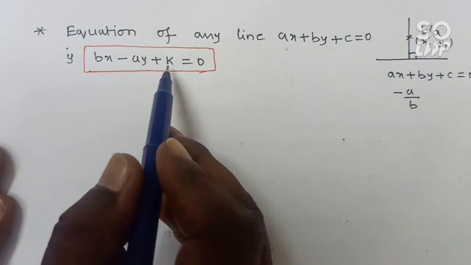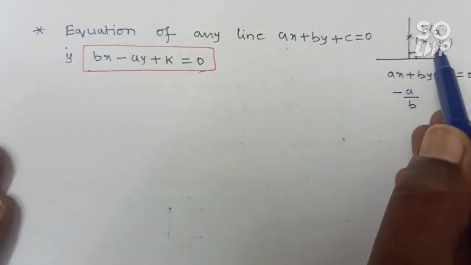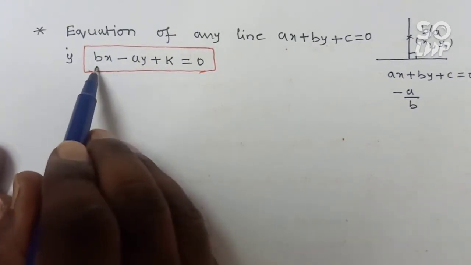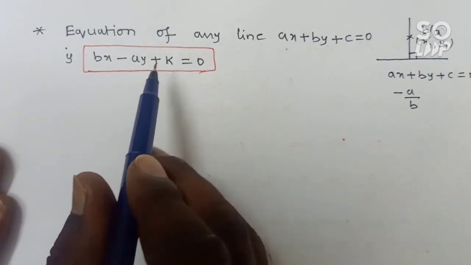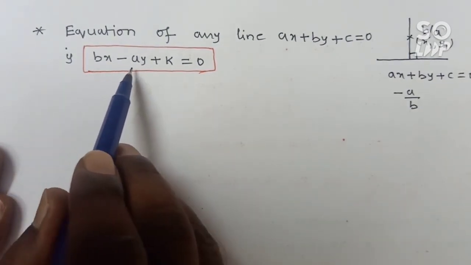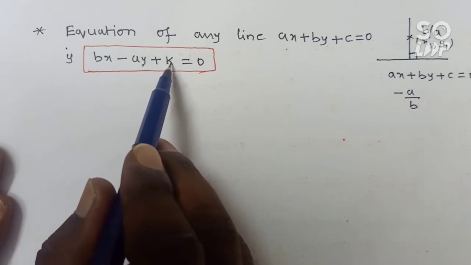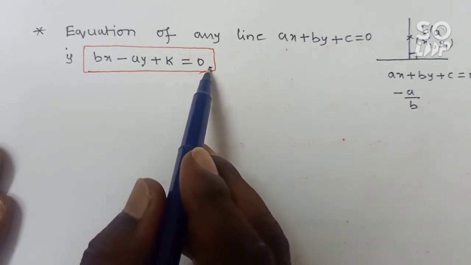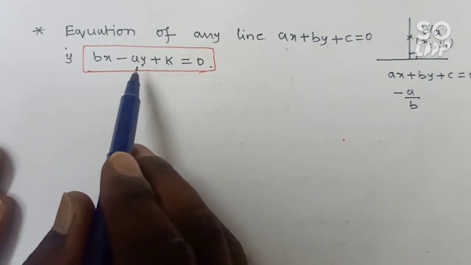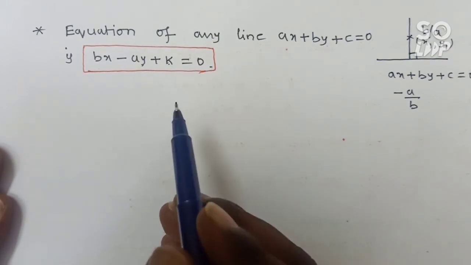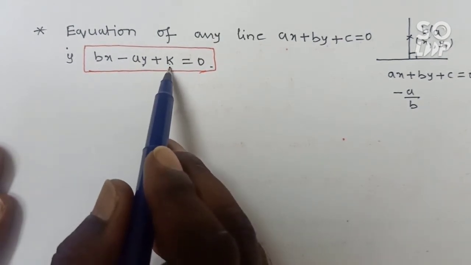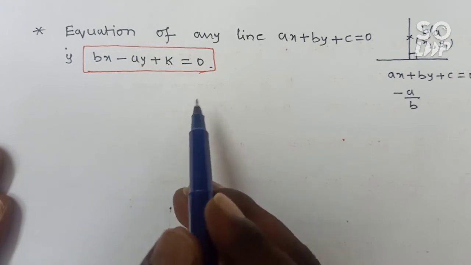How will you get this one? This line passes through this point, which means this point satisfies the equation. So b into x1 minus a into y1 plus k is equal to 0. From that, the k value is a y1 minus b x1. By replacing that value in this equation, we will get the result.